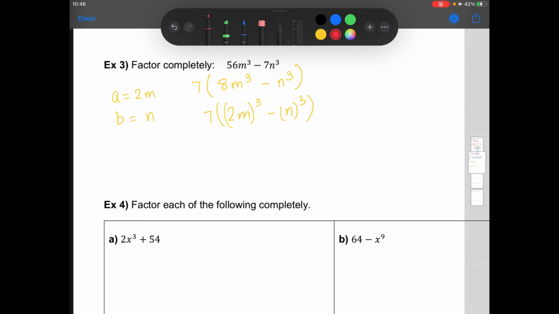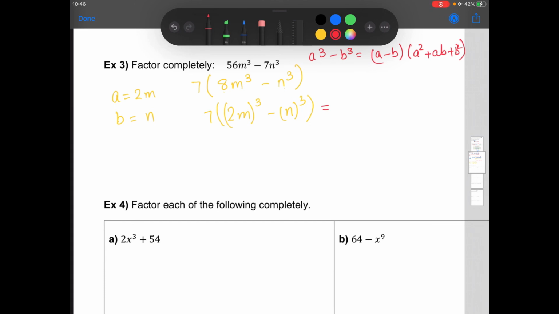So again, I'm going to write down my formula. So it is a cubed minus b cubed. It is a minus b. Eventually you will, trust me, once you keep writing your formula over and over again, write your formula for each question, you will have it memorized by the time you finish this lesson. Plus ab plus b squared. That's what it is.